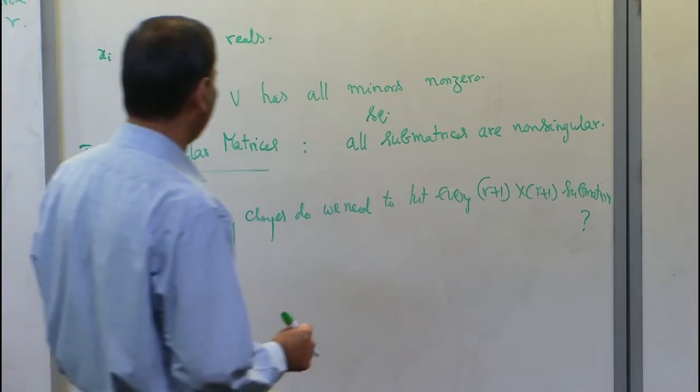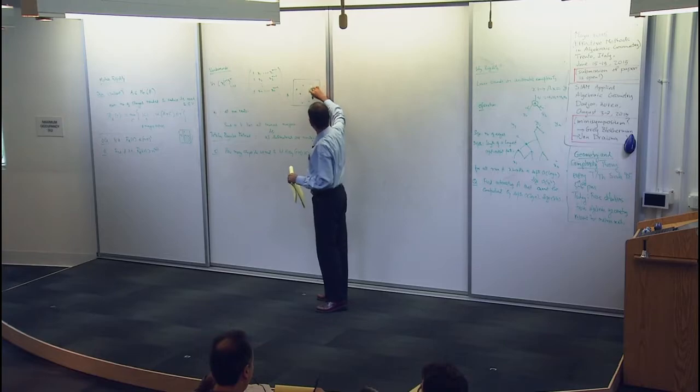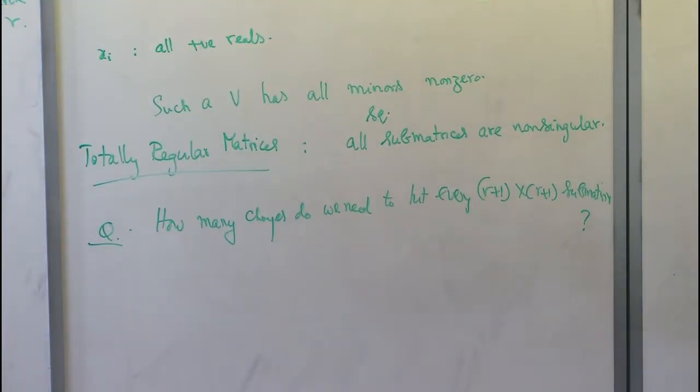Correct? If you keep just the diagonal, you will not hit all. If R is small enough, say R is n over 100, then there are many small square submatrices all over the place.